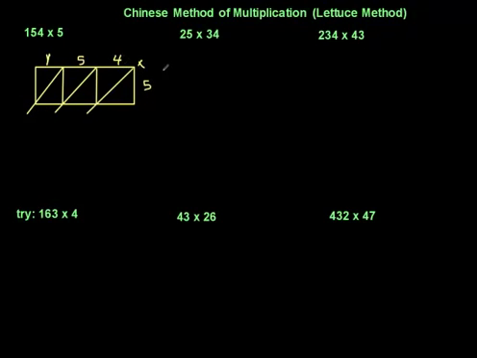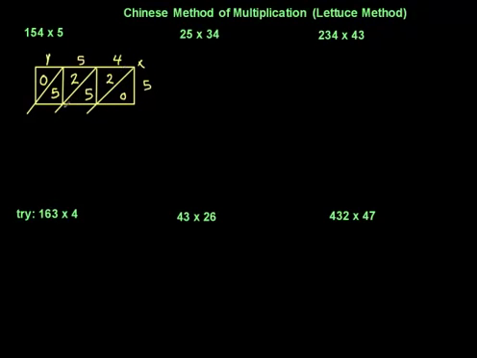5 times 4 is 20, so you put the 10 there and the unit here. In 20, I put 2 here and 0 here, and then 5 times 5 is 25, I put 2 there and 5 here, and 5 times 1 is 5. Because I do not have any tens, I put 0 there and I get 5 here.